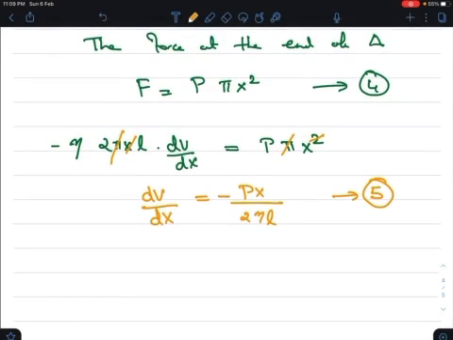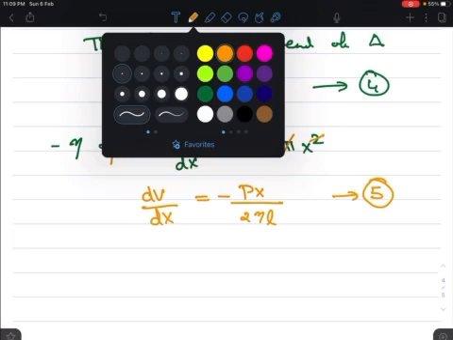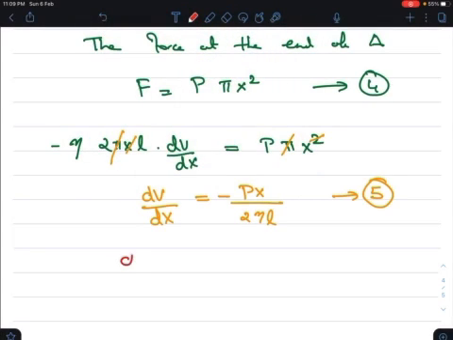Or we can write dV is equal to minus Px by 2 eta L into dx.